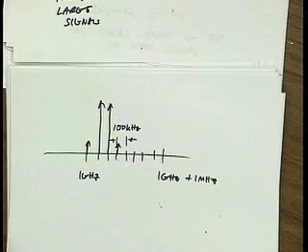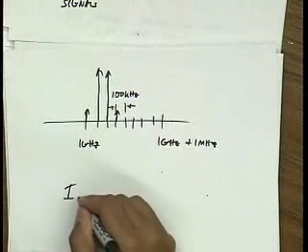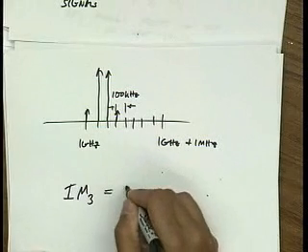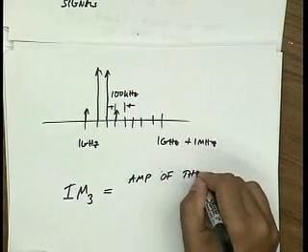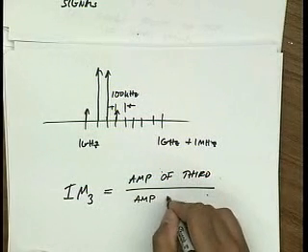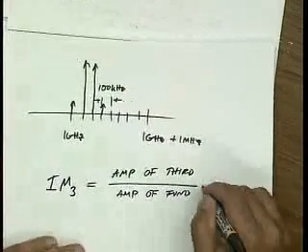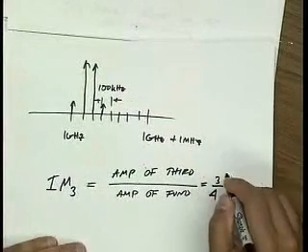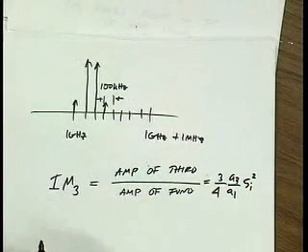Okay, so we see that IM3 is very important. So let's define it. IM3 is defined just in the same way that we defined IM2. It's the amplitude of the third-order intermodulation product divided by the amplitude of the fundamental. And we do all the math, and it's simply 3/4 A3 over A1 times the input amplitude squared.